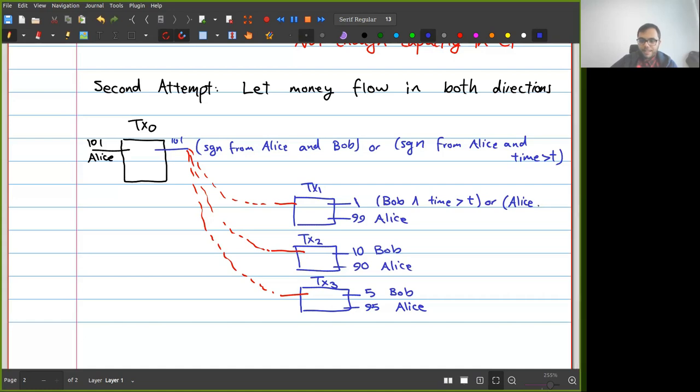I'm going to write just C, and by C, I mean a proof that Bob has cheated.